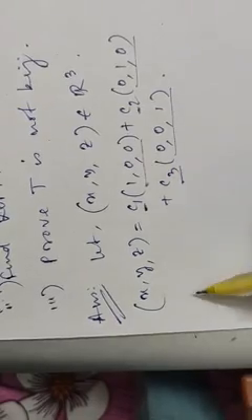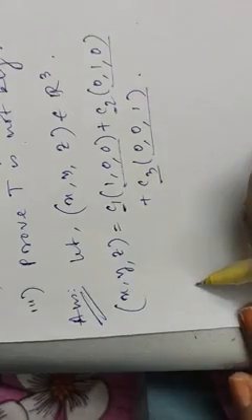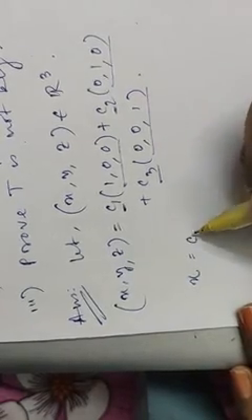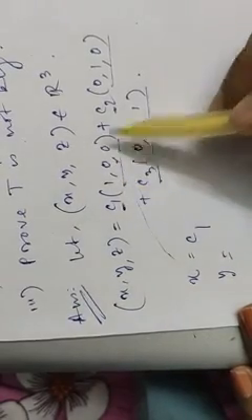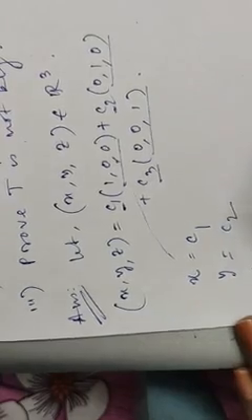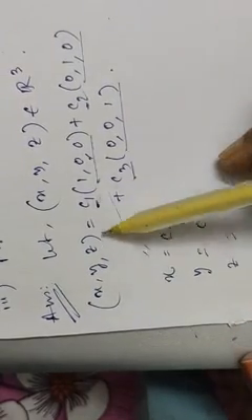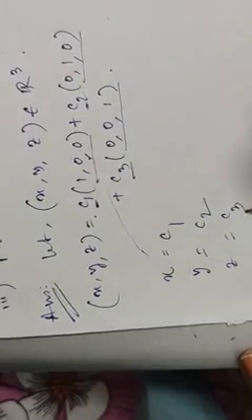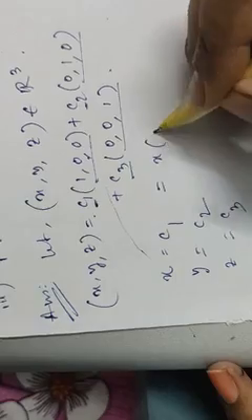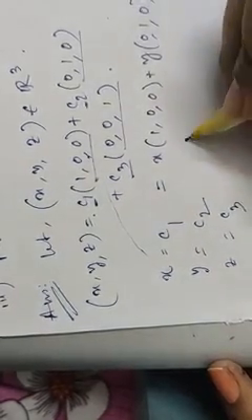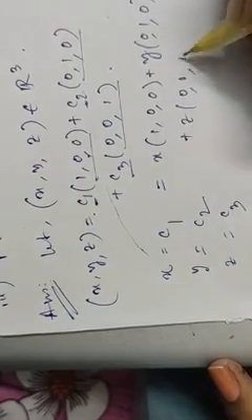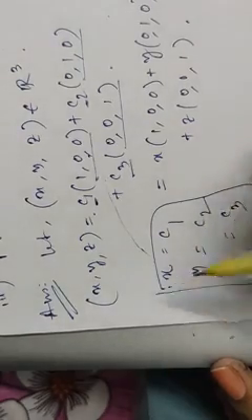This is very easy in this problem because we have considered the standard basis. If you equate both sides, from the left hand side we get x equals C1, y equals C2, and z equals C3. So we can write x(1,0,0) plus y(0,1,0) plus z(0,0,1). This is our required solution.